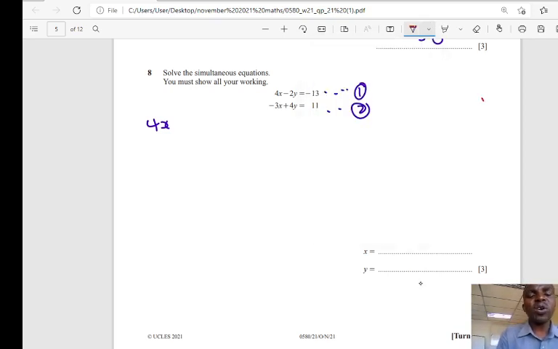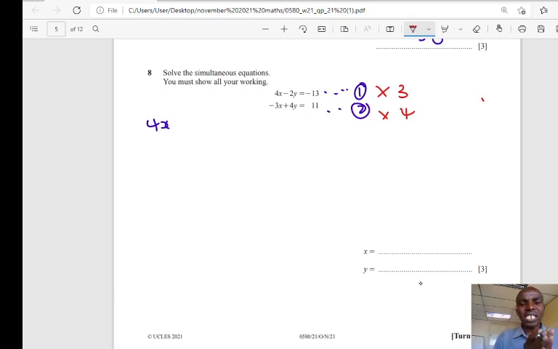Right, to make sure that the coefficients of x are the same, you multiply equation 1 by 3 and equation 2 by 4, so that there will be 12x. 4x and 3x, there must be 12x.